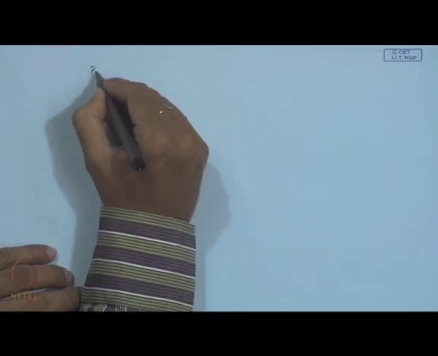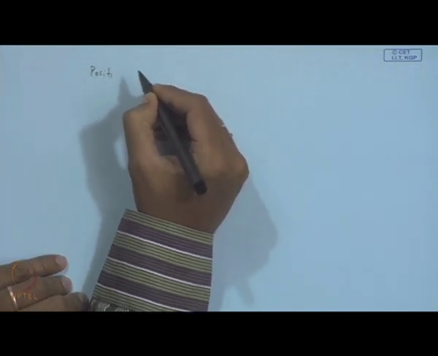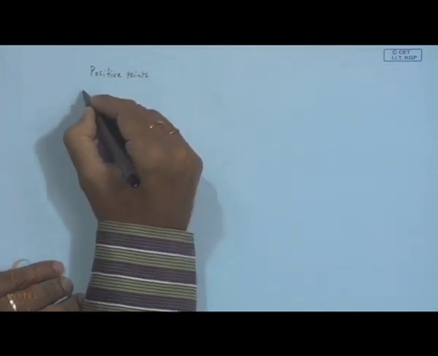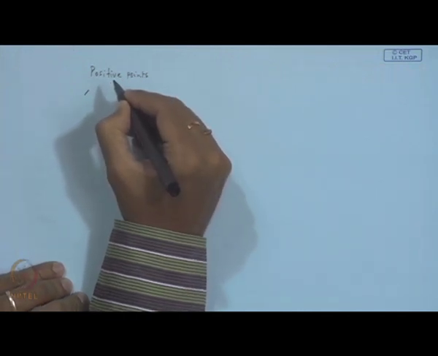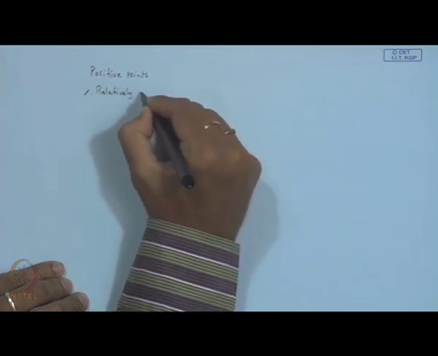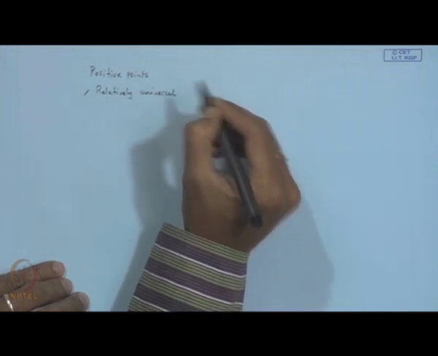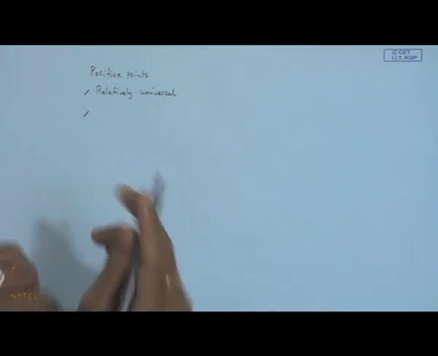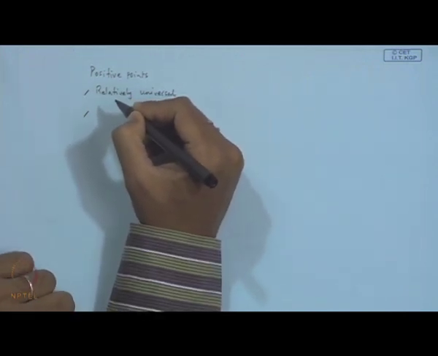Positive points, that one was the limitation, the negative points. So positive points: it is relatively universal. It is a universal method. Okay. Next, IR emission can be detected by time resolved FTIR techniques.